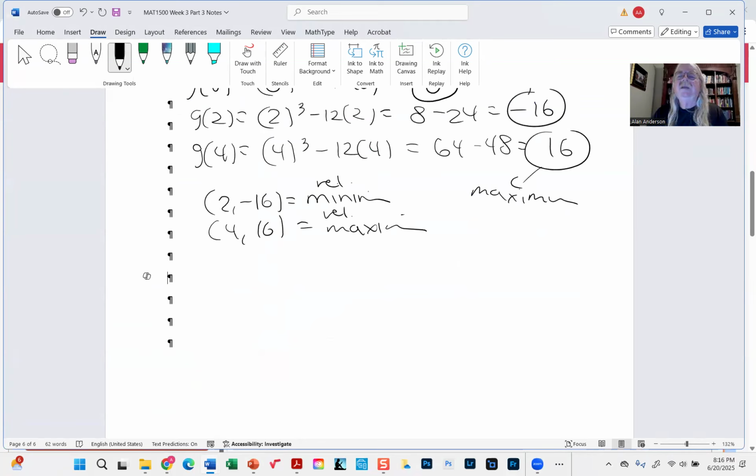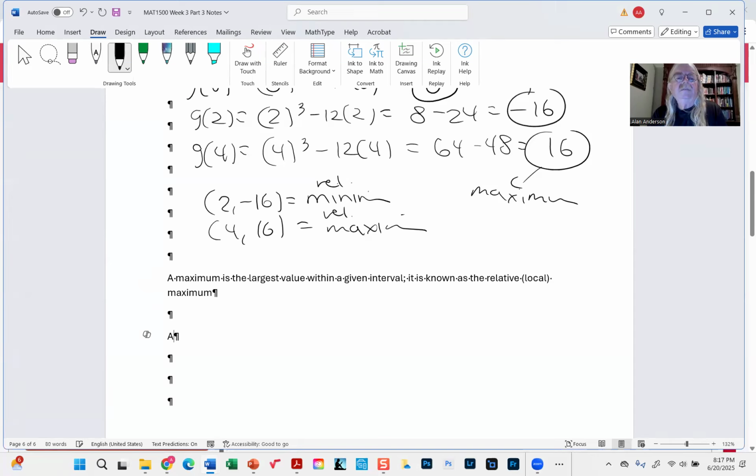There can be two types of minimum and two types of maximum. A relative, or sometimes called local, maximum is the largest value within a given interval.